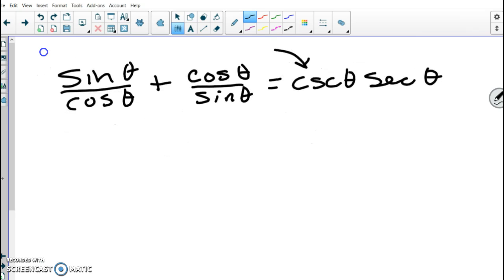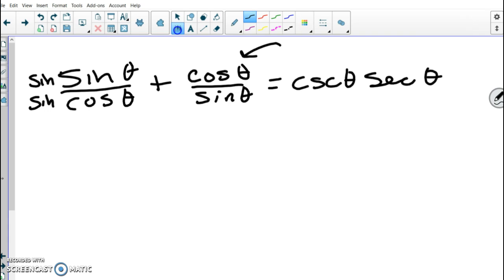So it's always important to start with these identities and work on the most complicated side to reduce it to the simpler side. So we're going to be working on this side of the equation. I can see that the two ratios have different denominators, so I'm going to create one with the same denominator. So sine over cosine, I need it to have a common factor of sine in the denominator.